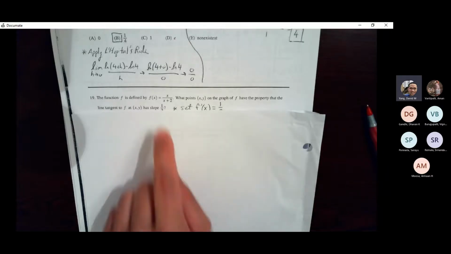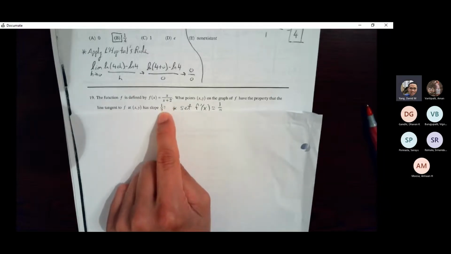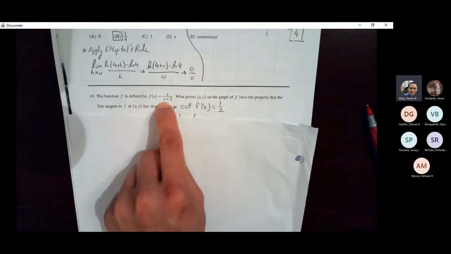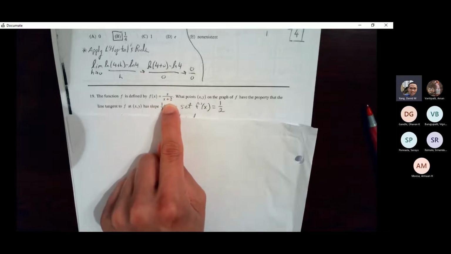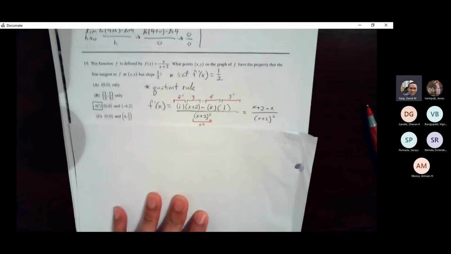So we want to basically know when is the derivative of this function equal to a slope of 1/2? So we can find f prime, set f prime equal to 1/2, and then solve for x. So first things first, we have to go through our derivative. In this case, quotient rule. So f prime g minus f g prime all over g squared.